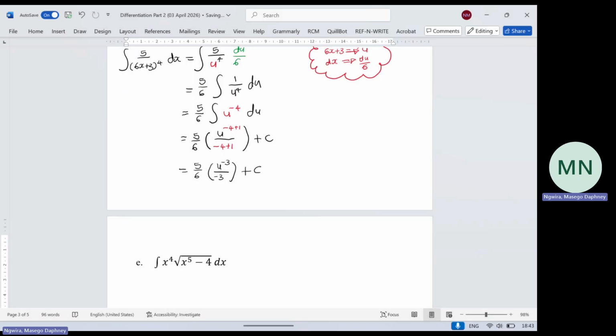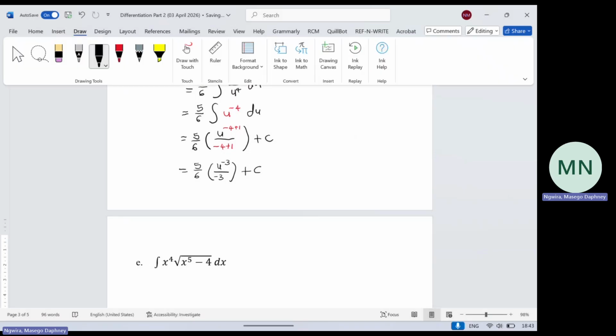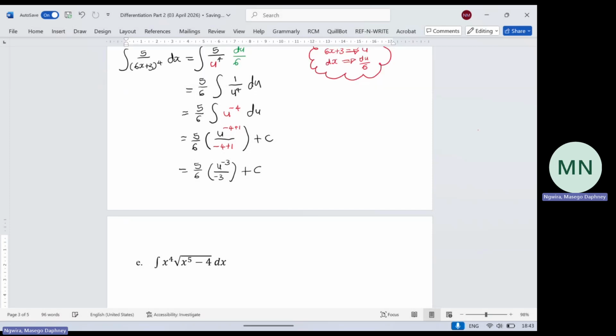I'm going to rewrite this so that it makes sense. Please note that u to the power of negative 3 over negative 3 can be written as 1 over negative 3 and then u to the power of negative 3, so that you understand what's happening here.